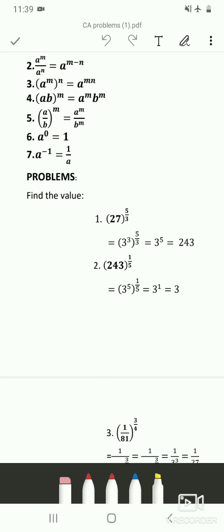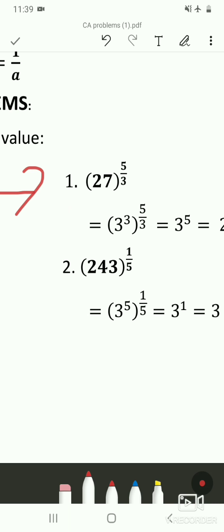So the first problem is 27 raised to 5 by 3. So we know that 3 cube is 27. So 27 is written as 3 cube. Why have we written it as 3 cube? It is because here we are going to use the third law of indices, that is a power m whole power n can be written as a power m into n.